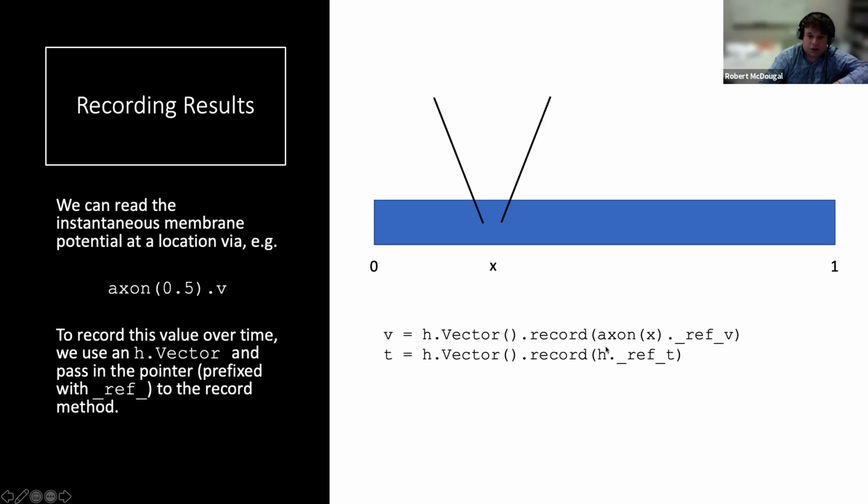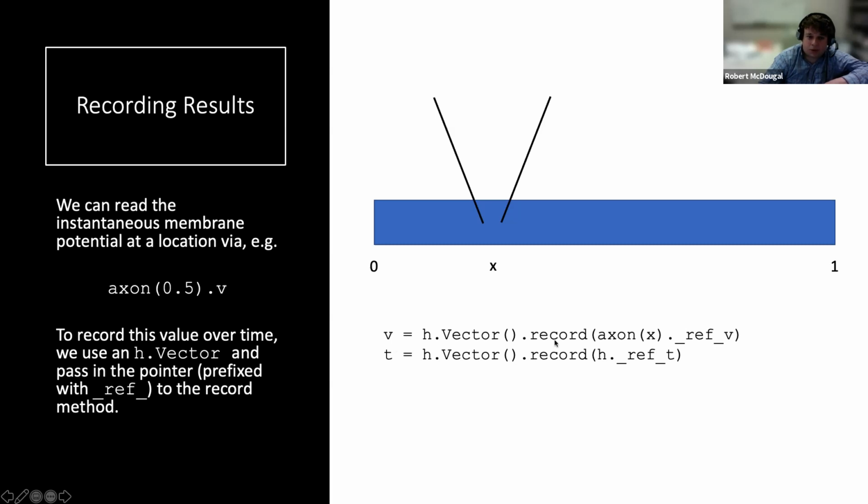It'll record a specific location's, let's say, membrane potential. Normally I'd say axon(0.5).v for the membrane potential at the center of the axon, but that's just a number. If I want to record that location over time, I'm going to need to include that _ref_. If you're doing a record, there better be a _ref_.